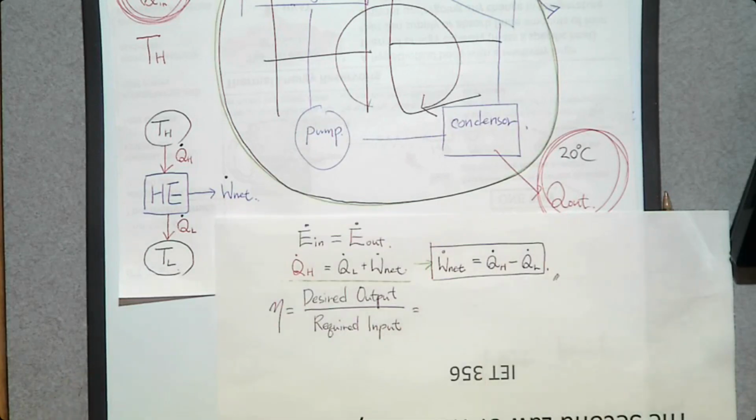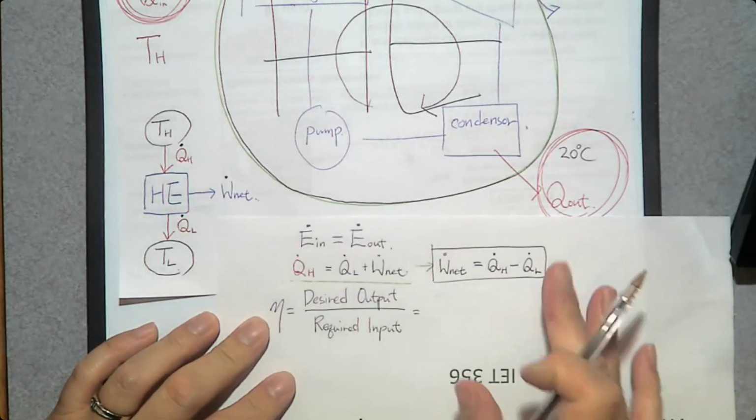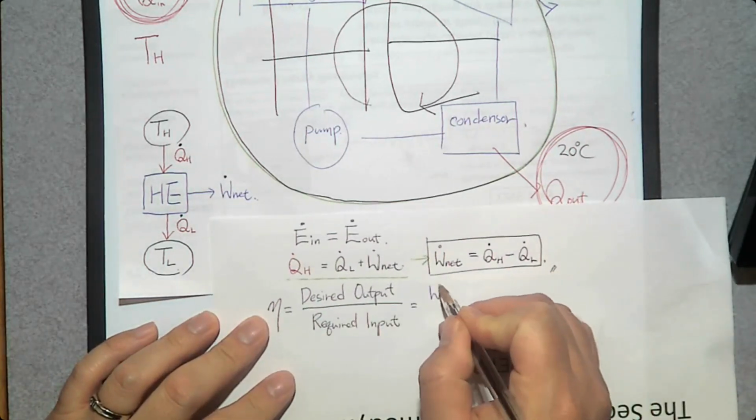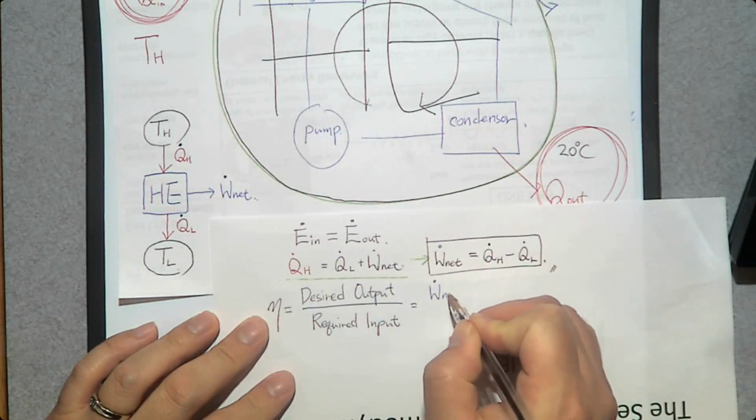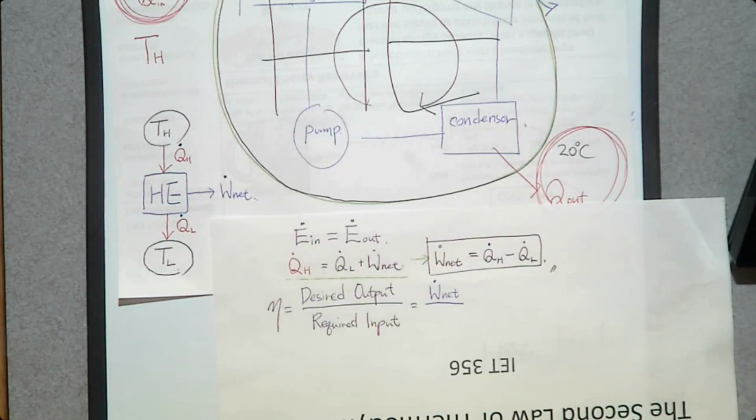Then what is the desired output? Why do we run a heat engine? To absorb heat? To reject heat? No, we want to produce work. So W dot net is going to be the desired output. Then to run a power plant, what is required?